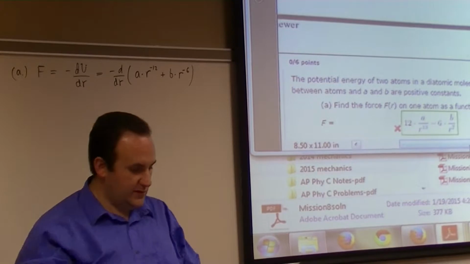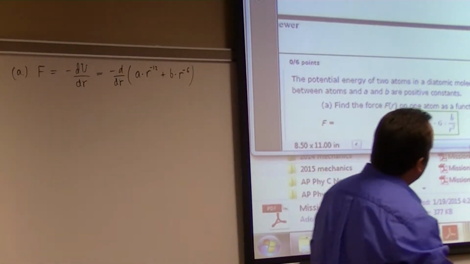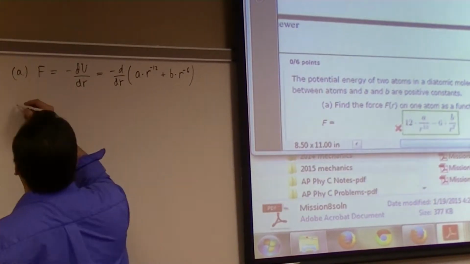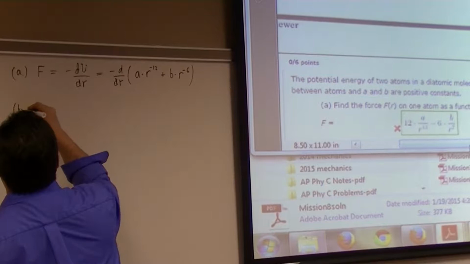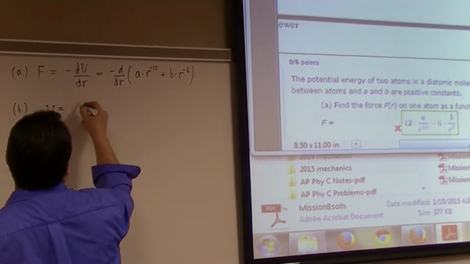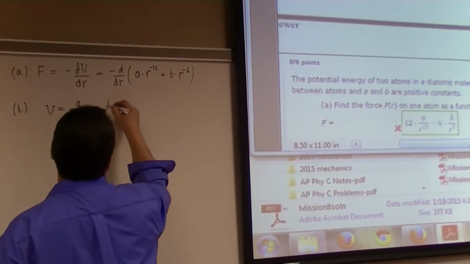Let's see here. So, are you given A and B? A and B are positive constants, huh? So the method that I would try on the basis of what I've already told you guys, I would look at U, which is A over R to the 12th, right? Plus B over R to the 6th.